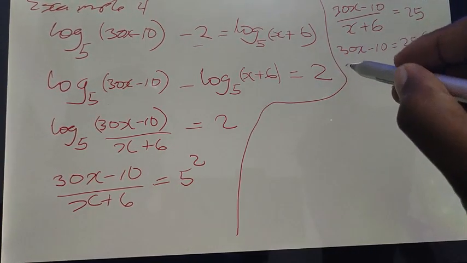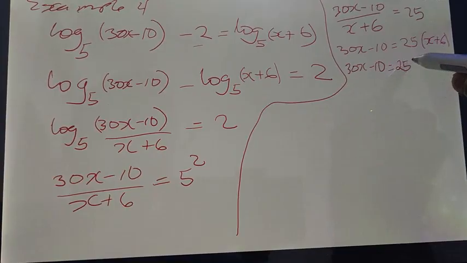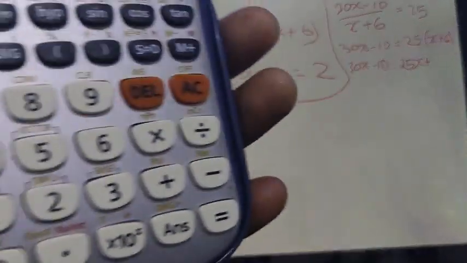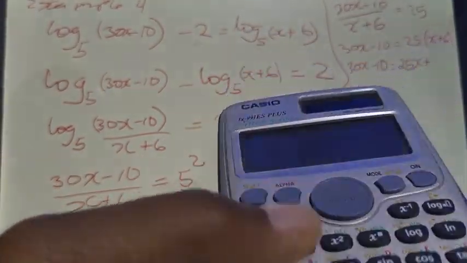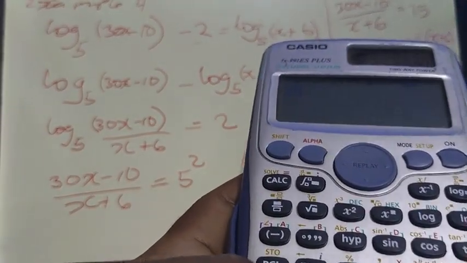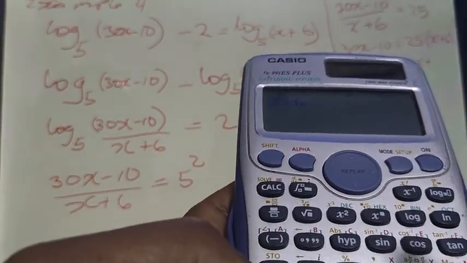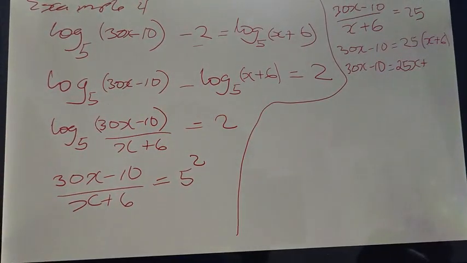Expanding that side, you have 25x plus 25 times 6, that will give us 150.